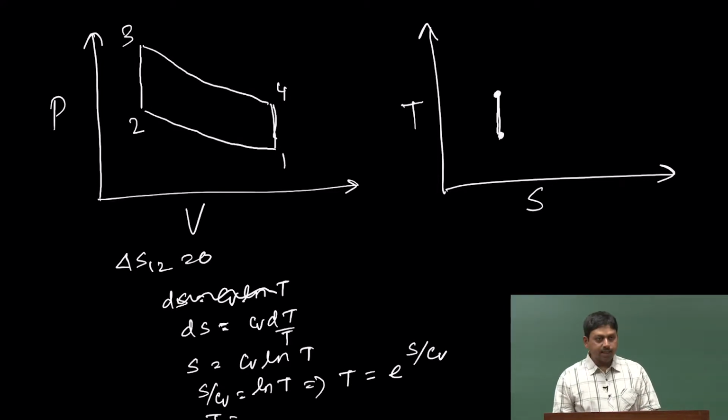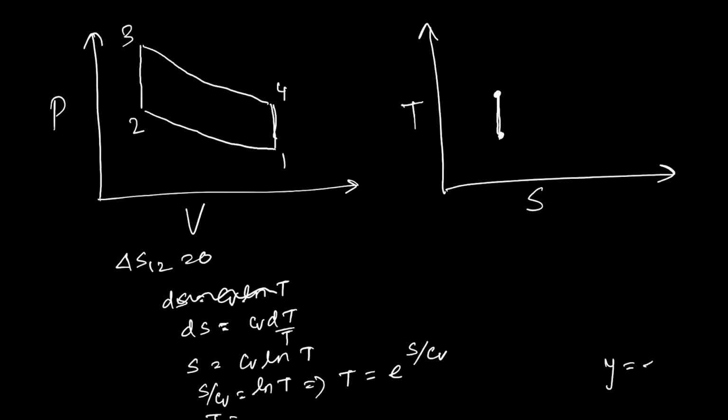So, the temperature increases exponentially with entropy by Cv. It is almost like, let us say, you can write y equal to e to the power x by a, that kind of function, or you can also write e to the power minus b x or plus b x. You see b is nothing but 1 by Cv.